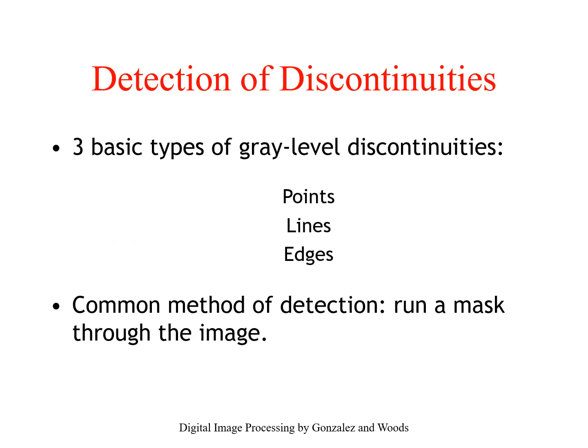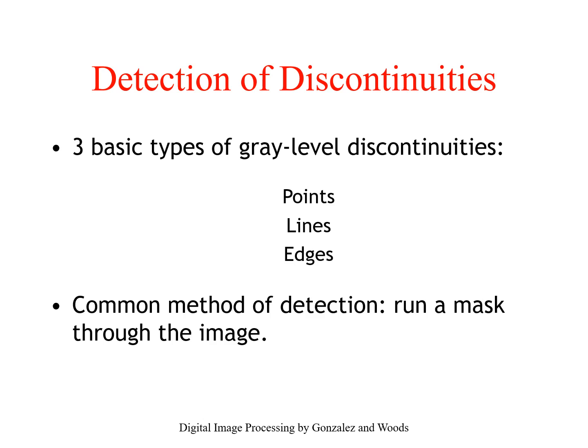Now we'll see image segmentation based on discontinuities. So there are three types of discontinuities: point, line and edges. To detect these discontinuities, masks are used. First we'll see how to detect a point. So points, lines and edges are high frequency components. So we have to use a high pass filter mask.